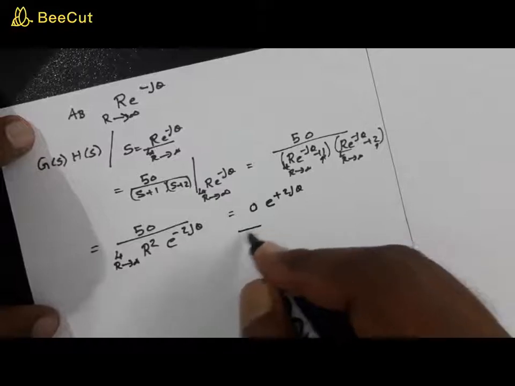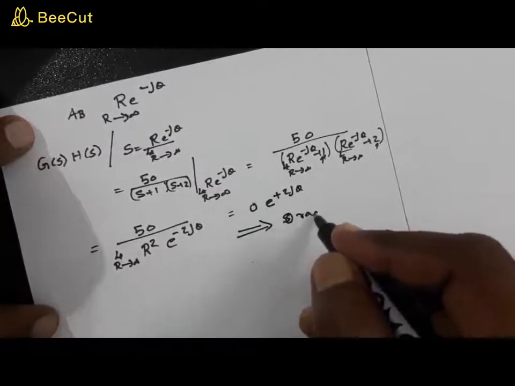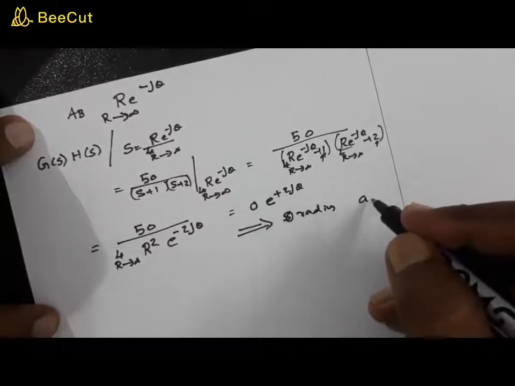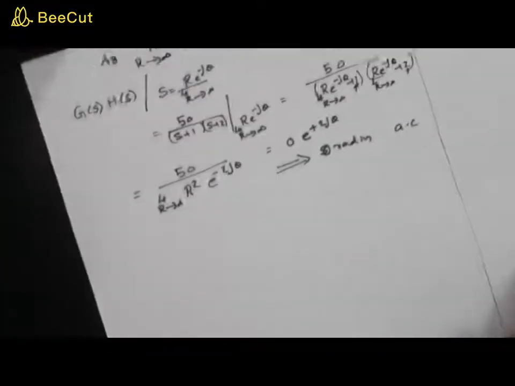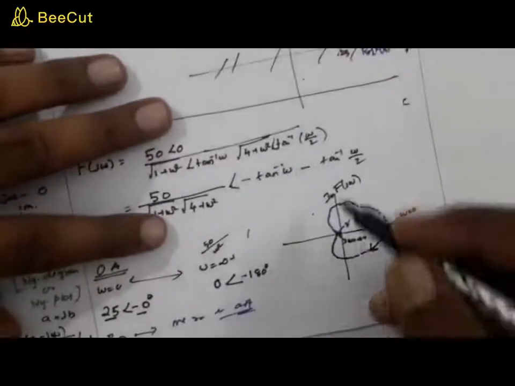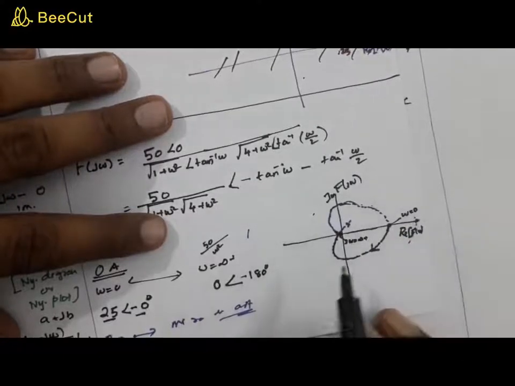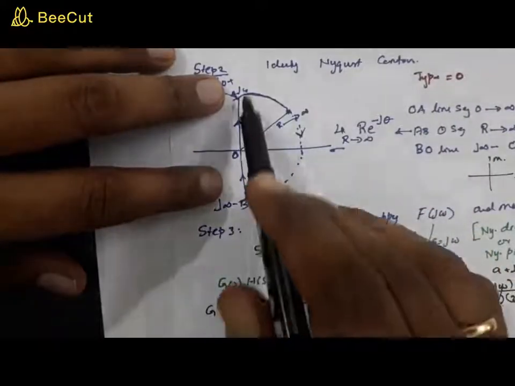That means this is a small circle with the radius 0 and direction in the anti-clockwise direction. What we have considered was a clockwise circle, and how to plot that. Anyway, we know that a circle with radius 0 is a point. That should come between minus j infinity and plus j infinity.